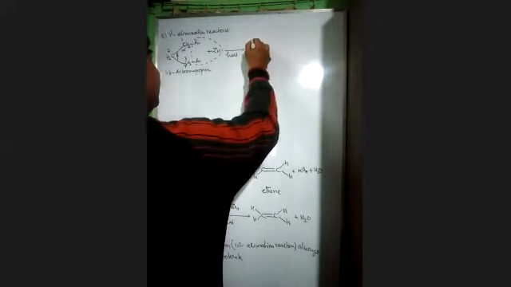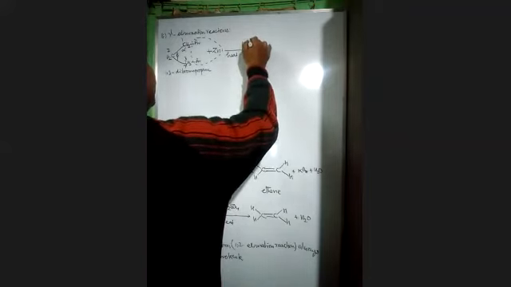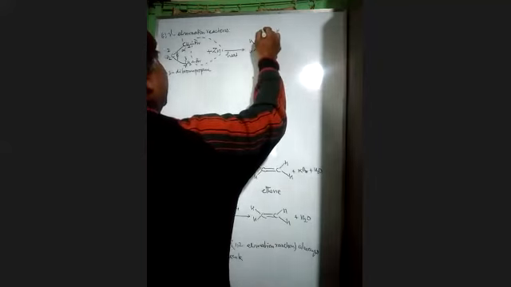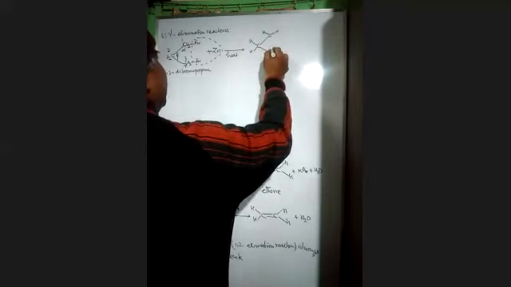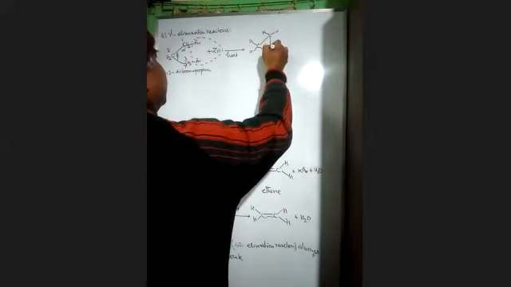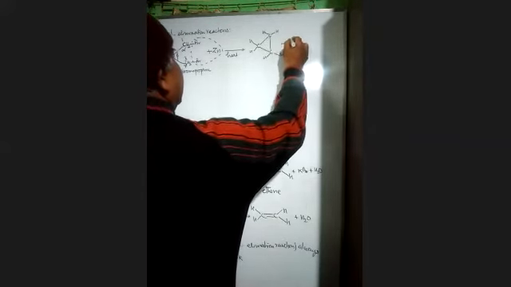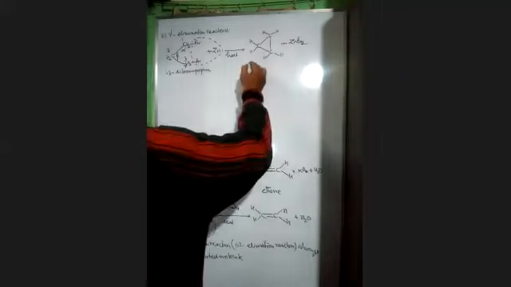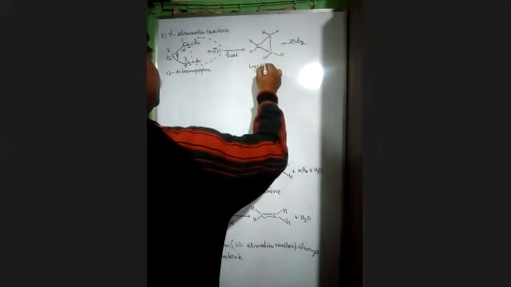What are you going to get? See, you get here ZnBr2. What is this? Cyclo.